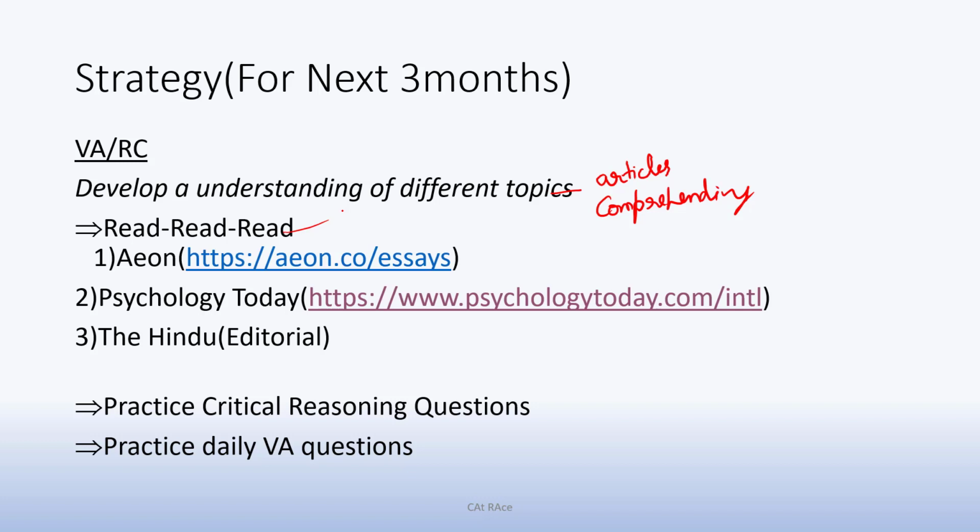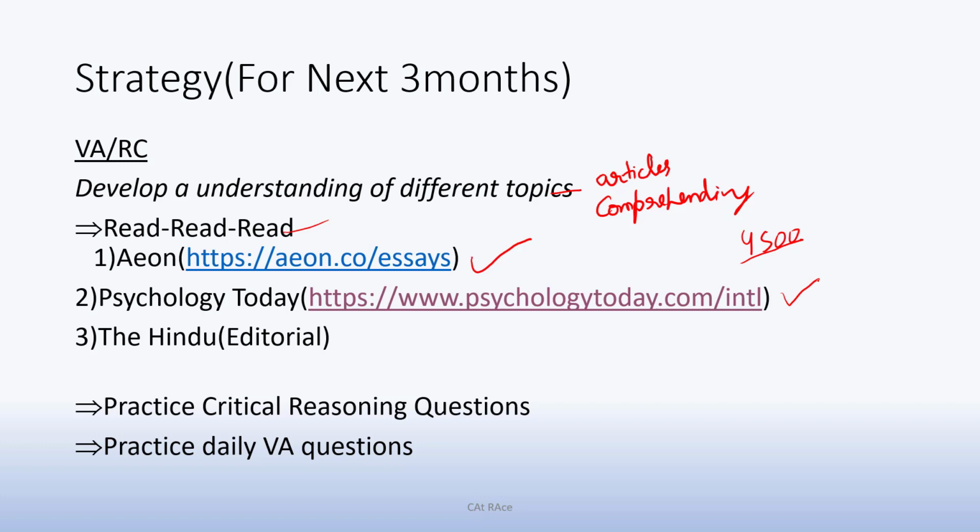For this, you should follow Aeon. Aeon has a very good collection of essays, with words from 1500 to 3000 in some passages, and this will help you get comfortable with these types of topics. Psychology Today is there. This will let you know the words related to psychology and philosophy.